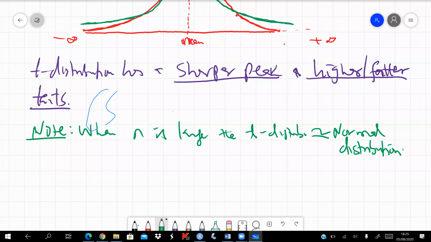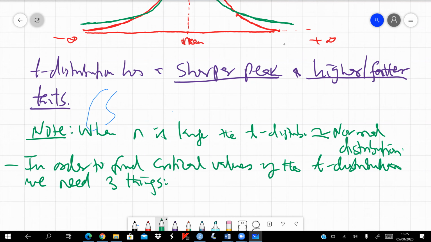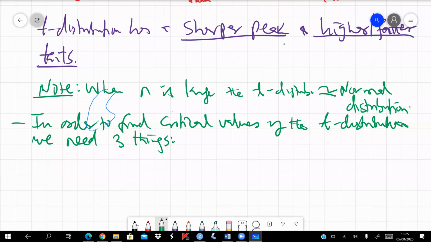Okay. Now, in order to find the critical values of the t distribution, we need three things. Number one, we need to know the level of significance.